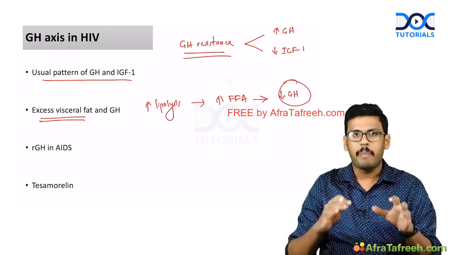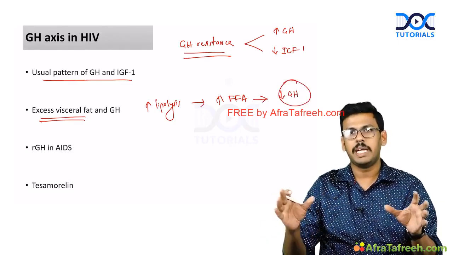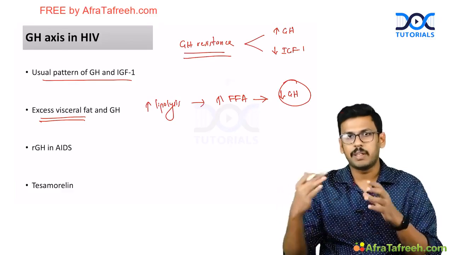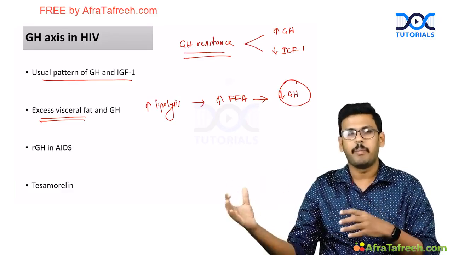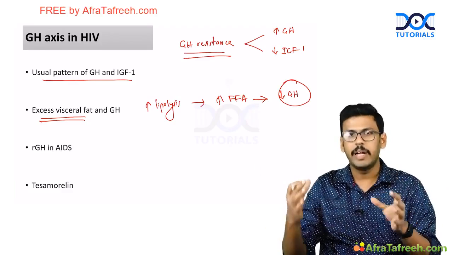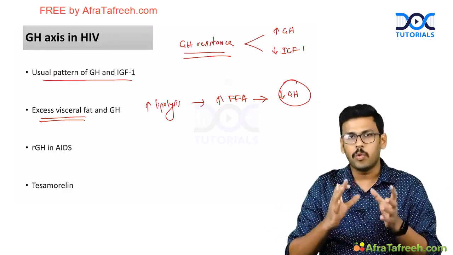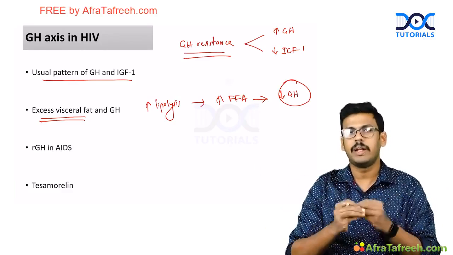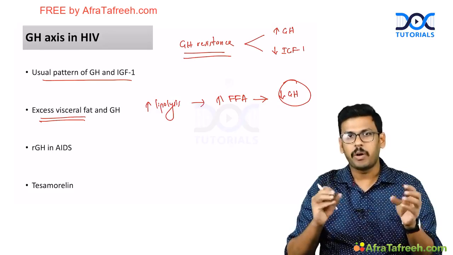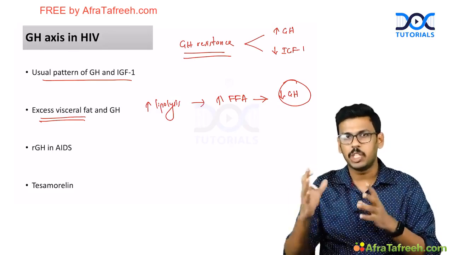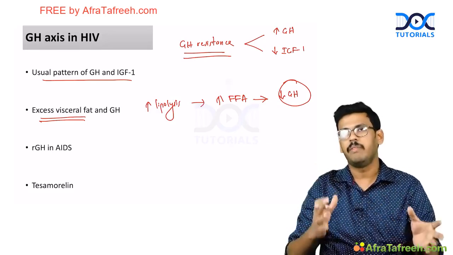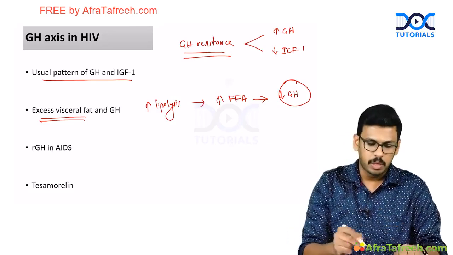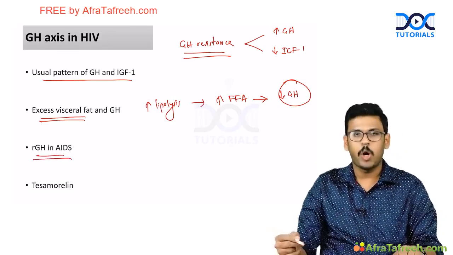So in a patient with body composition change corresponding to increased visceral fat and lower peripheral fat, they would have reduced growth hormone. And growth hormone deficiency has been postulated as one of the important causes for short stature in a child who is affected with HIV infection. So that is the role of recombinant growth hormone.